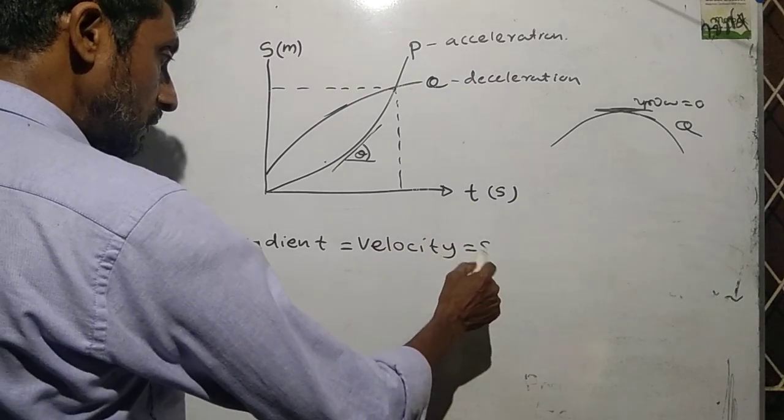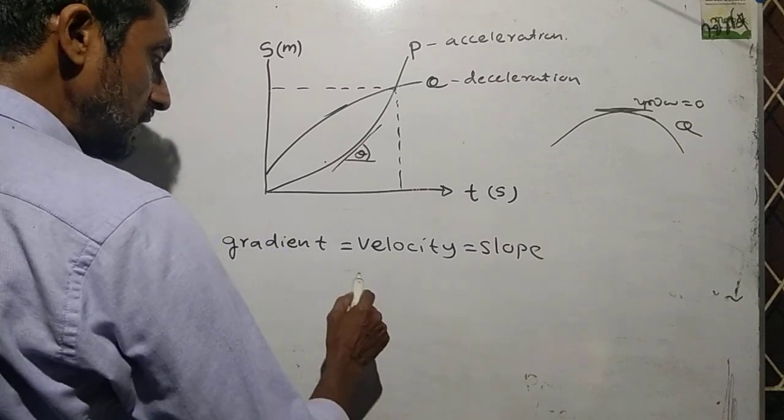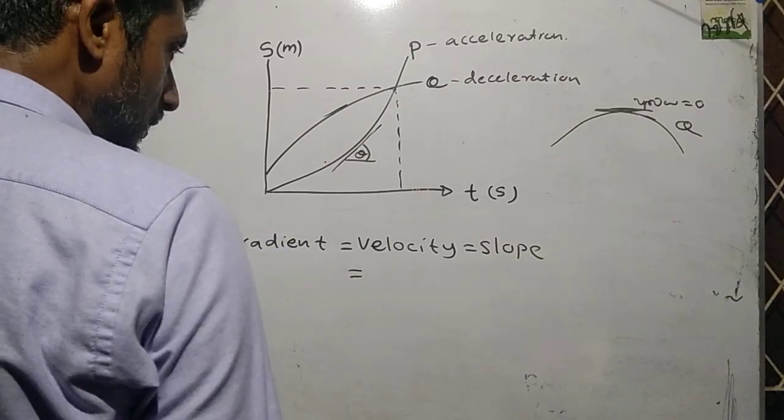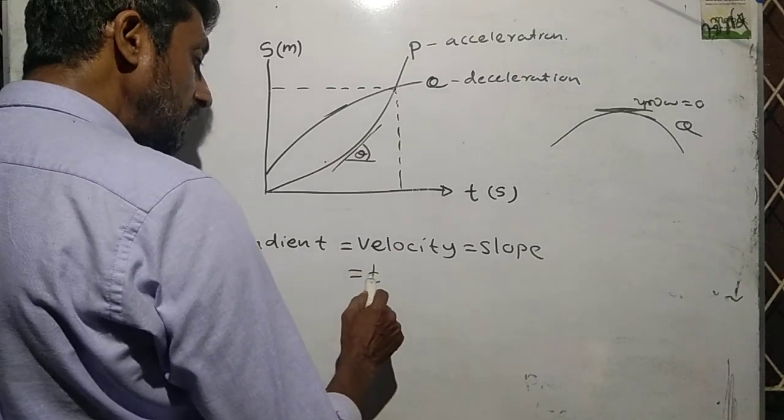This is called the slope, or this is equal to tan theta.